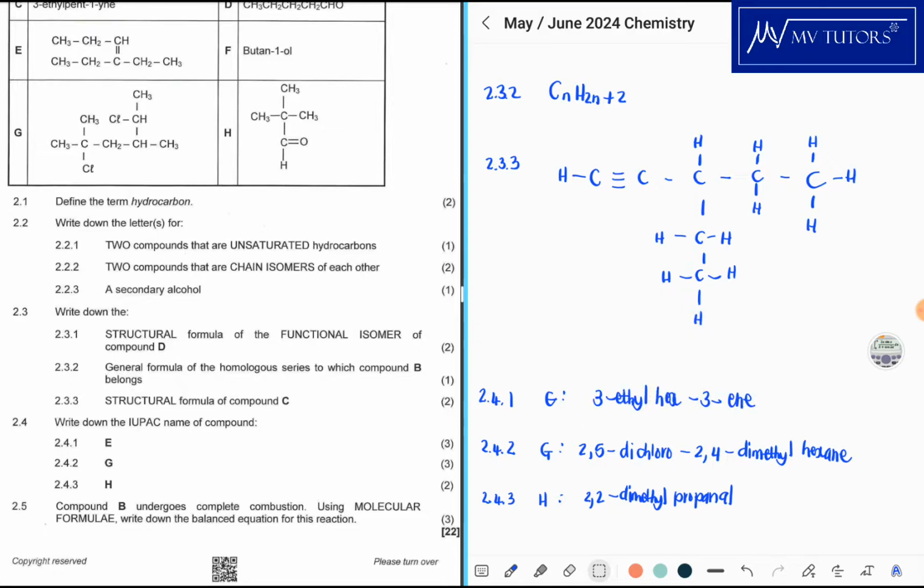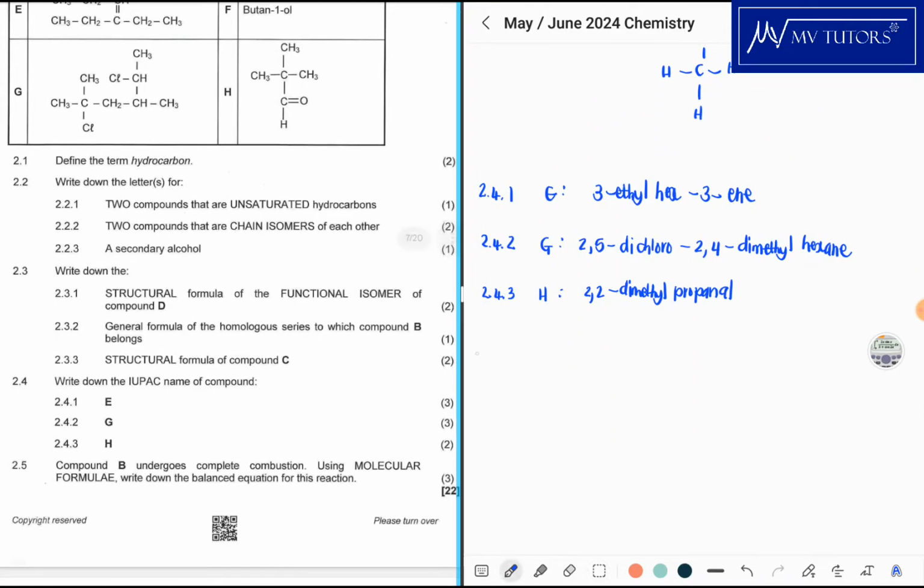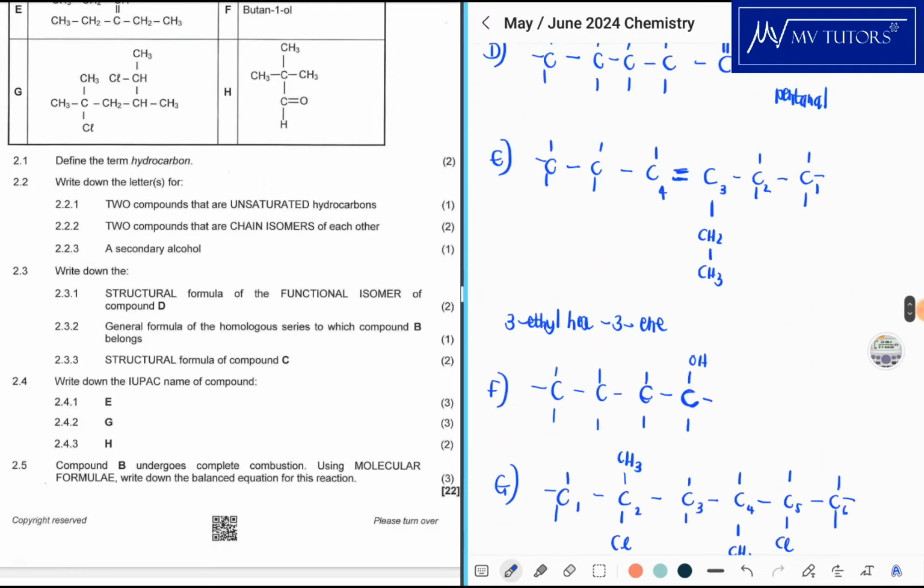You will see what works best for you in an exam. My method looks like it wastes a lot of time, but I prefer it this way. Now 2.5 says compound B undergoes complete combustion. Okay, where is compound B?